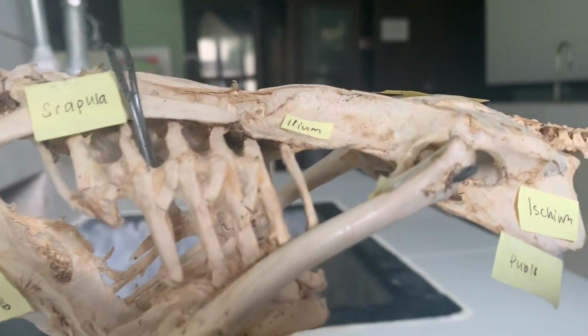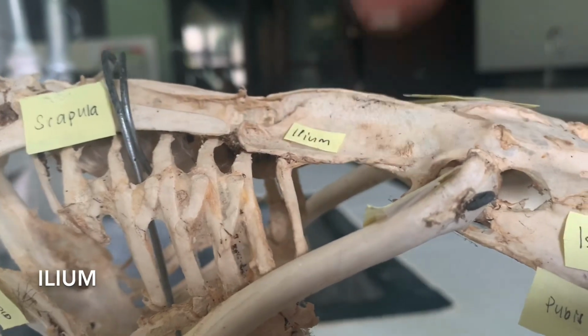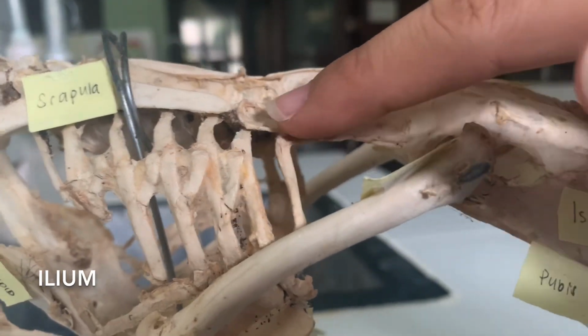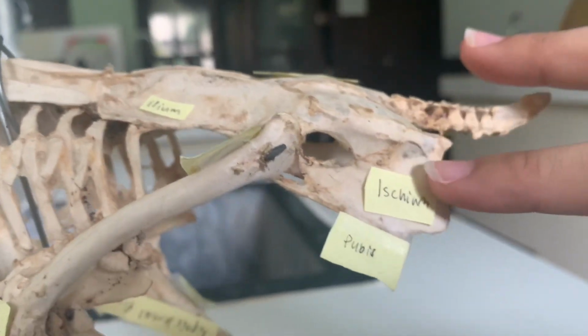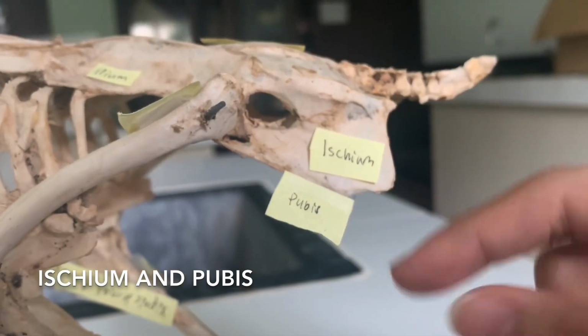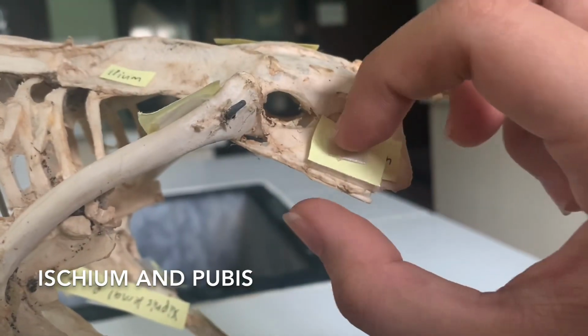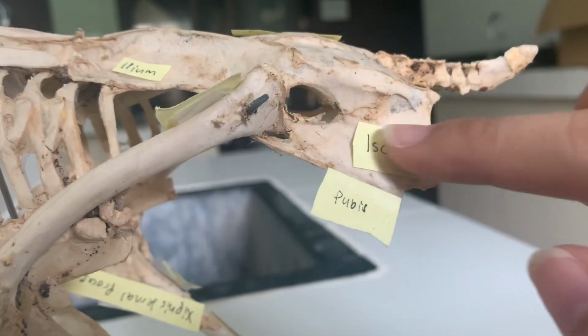That is connected to the rib, which is our ilium. It's kind of a depression right there in the bone. Okay, and now we proceed to our ischium and the pubis. The pubis is right here, as you can see. And then this is the ischium.